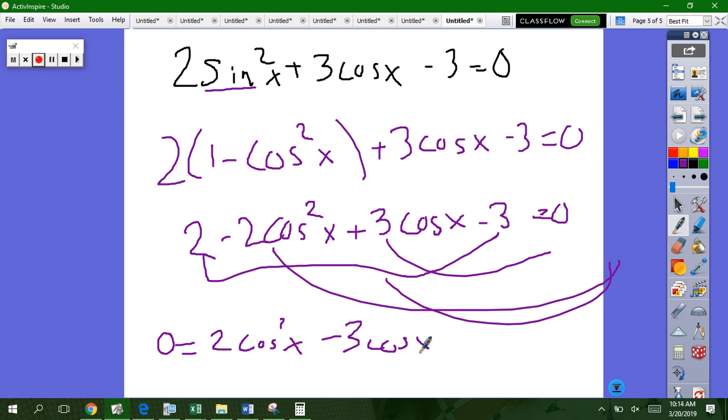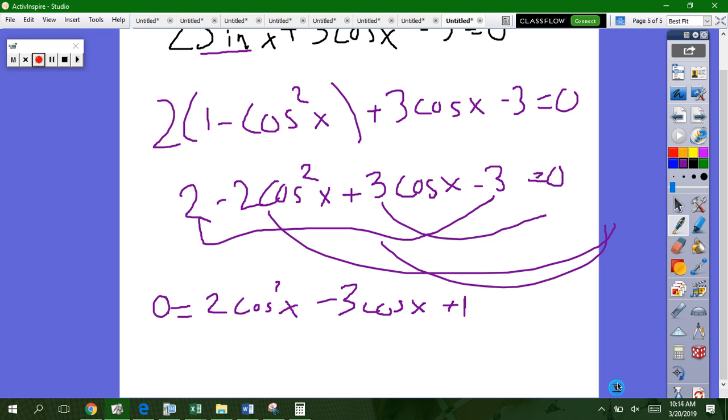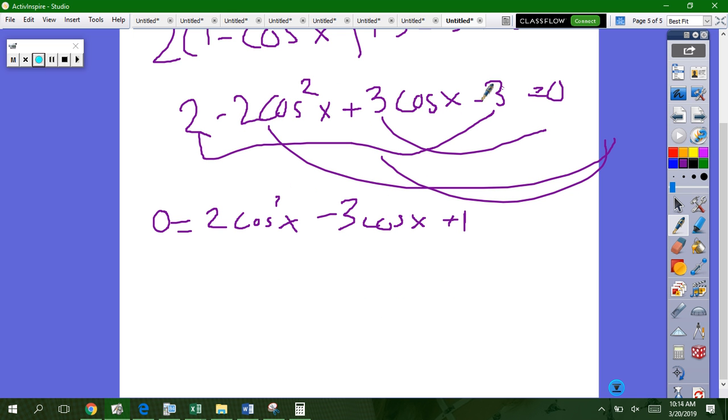Could I have done it the other way? Sure, I could have. If anybody has questions on how I got there, just let me know. Yes, ma'am. Well, right here, what's 2 minus 3? -1, but I got him to the other side. So what does that make us now? Does that make sense?